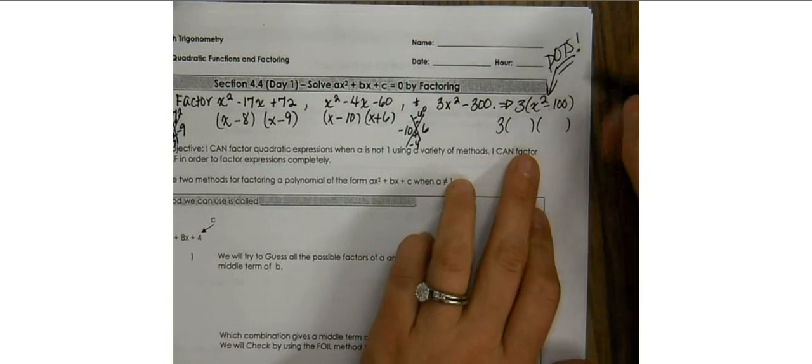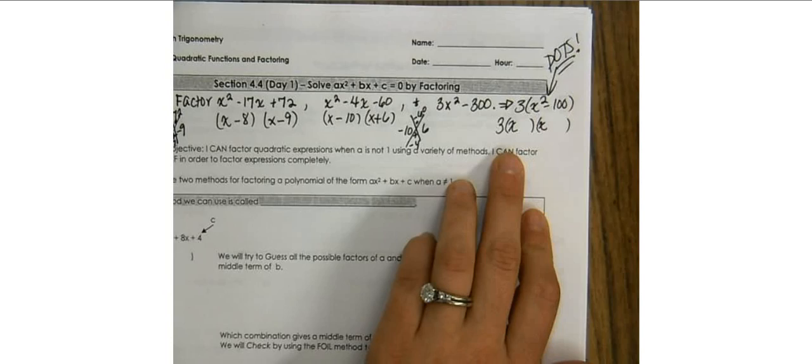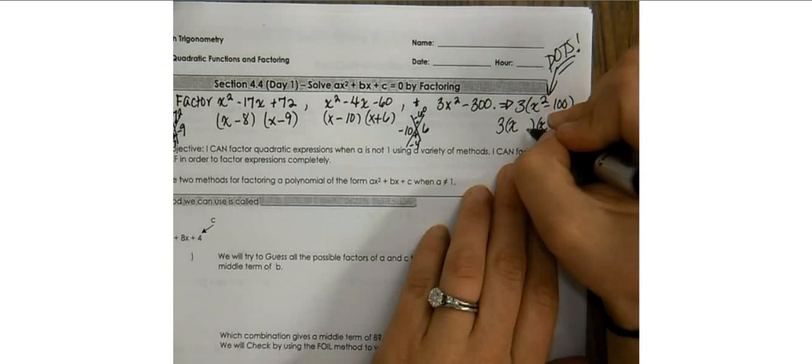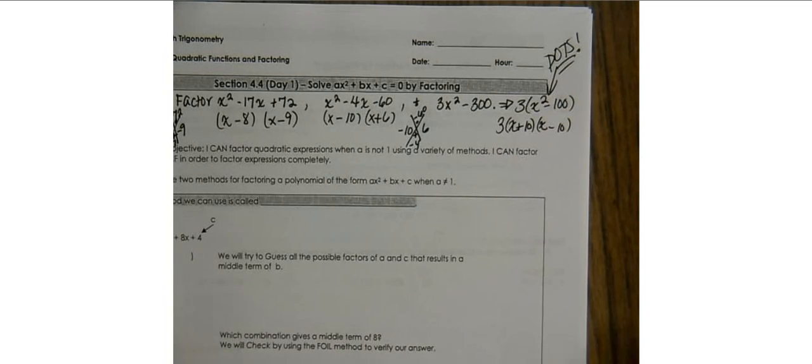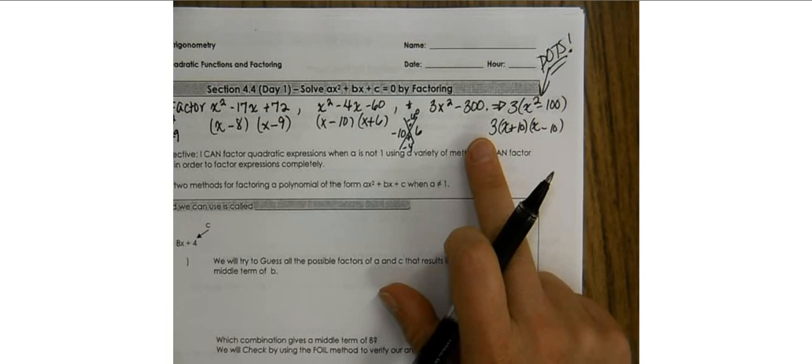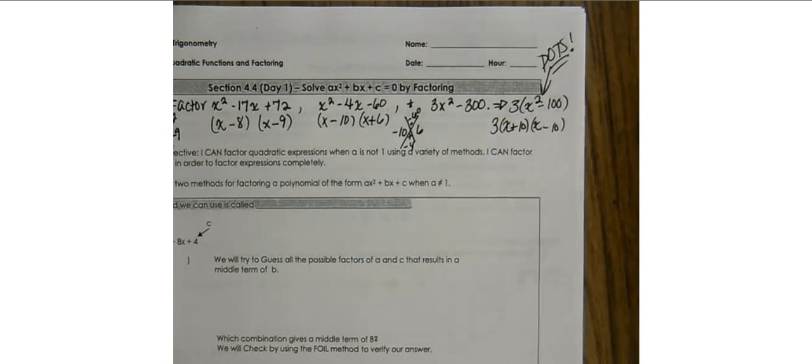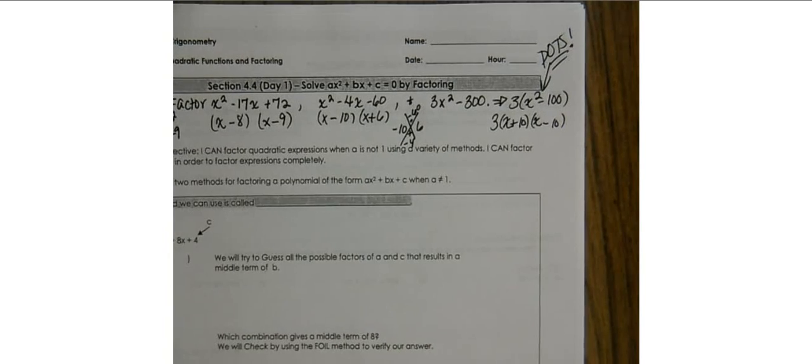The square root of x squared is x, so that's going to go into the first position. The square root of 100 is 10, so that's going to go into the second position. Plus and a minus. That's using the rule, we call it a day. The 3 stays on the outside, it goes along for the ride, we don't ignore it. We don't use it as we're continuing, we just leave it on the outside.